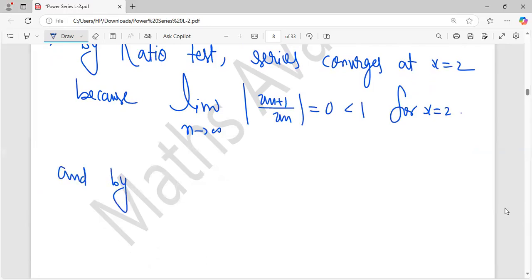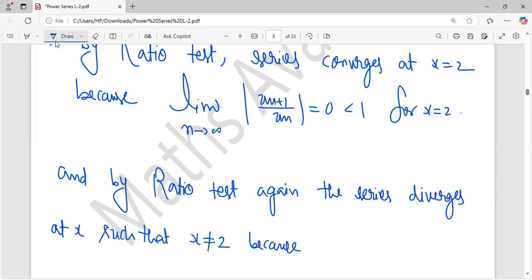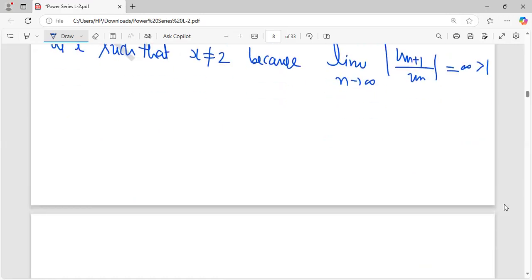And by the ratio test again, the series diverges at x such that x is not equal to 2, because the limit is greater than 1.